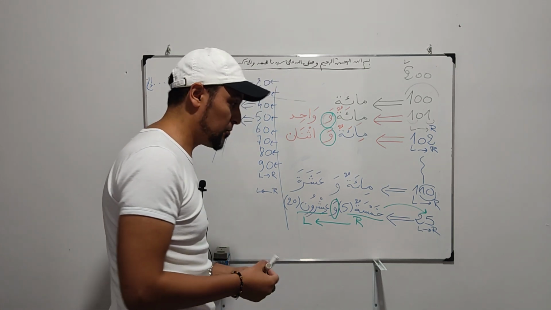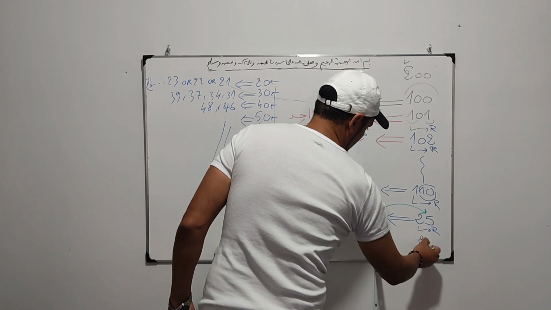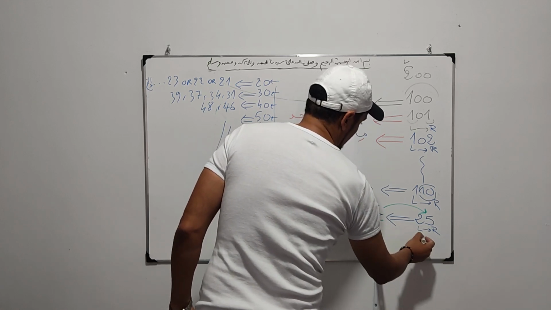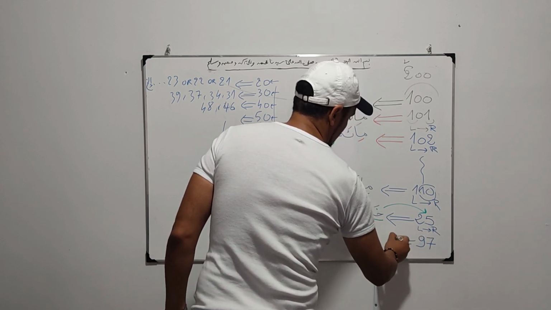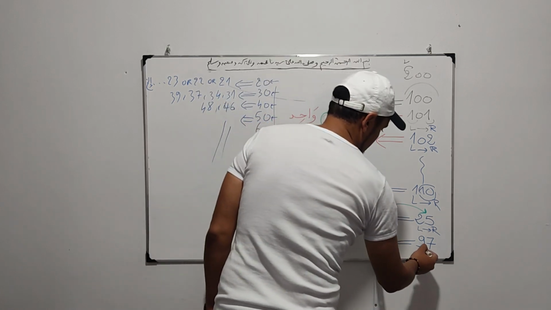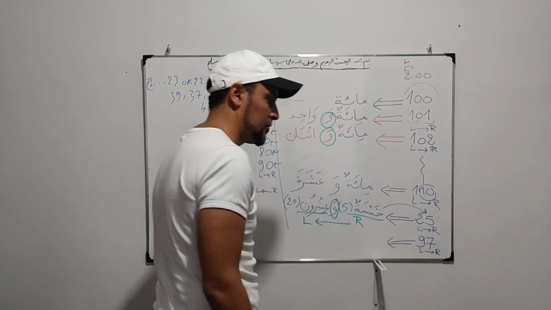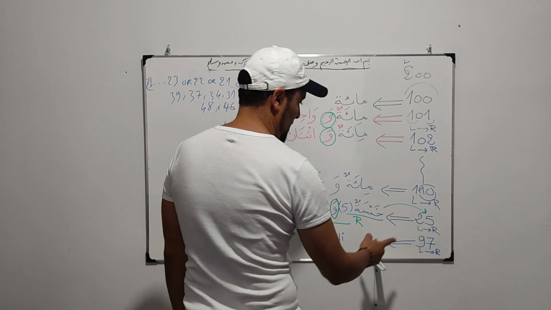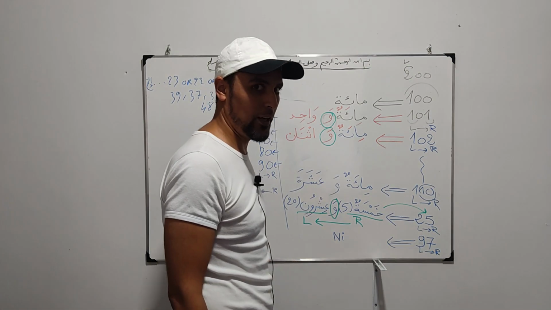Another example to make sure that you understand. Let's see, 97. In English, 97, from left to right, because we write English from left to right.